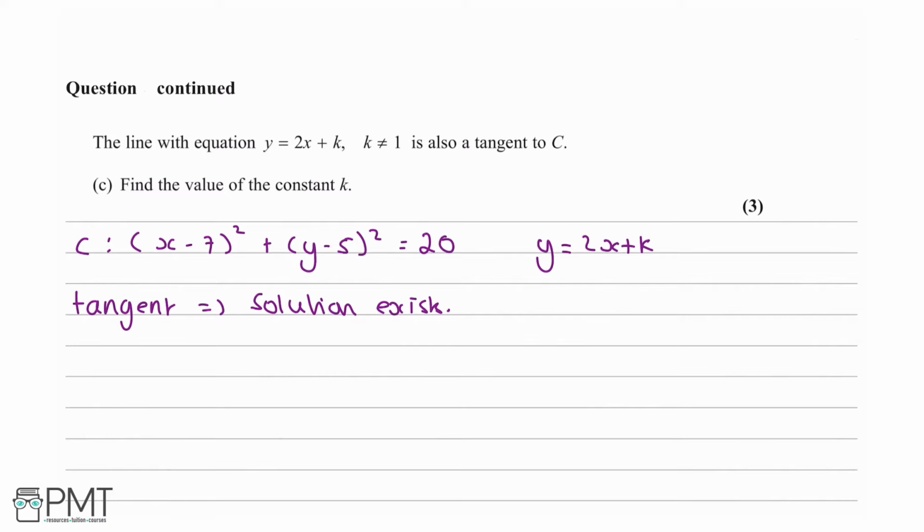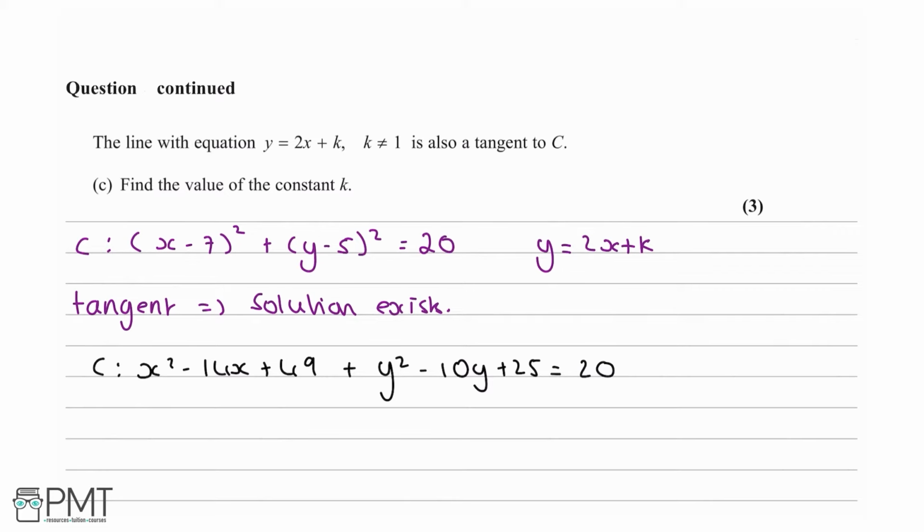But first I'm going to expand C to make it easier to substitute y into. So we have C is x squared minus 14x plus 49 plus y squared minus 10y plus 25, which equals 20. Okay?